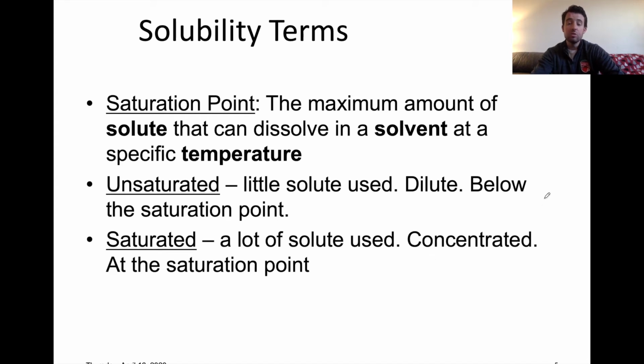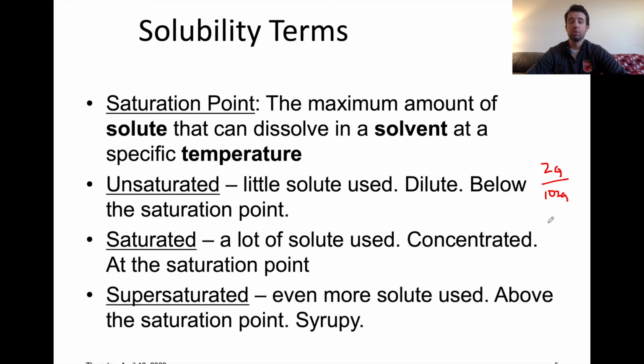The last thing you can sometimes have, this doesn't always happen, but it sometimes happens, is a supersaturated solution. So for the example of sugar water, what you would do to get above the saturation point is have 80 grams of sugar dissolved in water, and then heat that water up, boiling some of the water off, and then you no longer have a liquid, you somehow have a syrup almost.